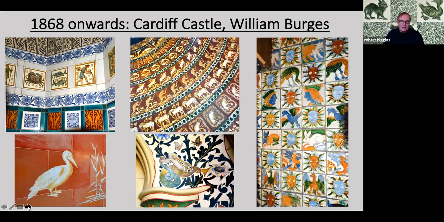But the range of animal illustration in the castle typifies perhaps what was going on in the Victorian era before William Morris and William De Morgan. So there's a huge range of techniques and a huge range of styles. On the right, you can see moulded tiles in the Spanish medieval style, again made by Frederick Garrard in Millwall.